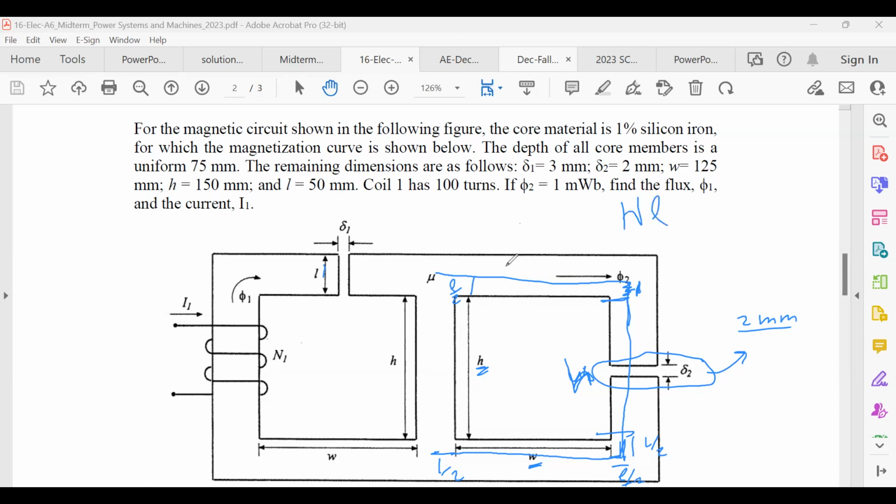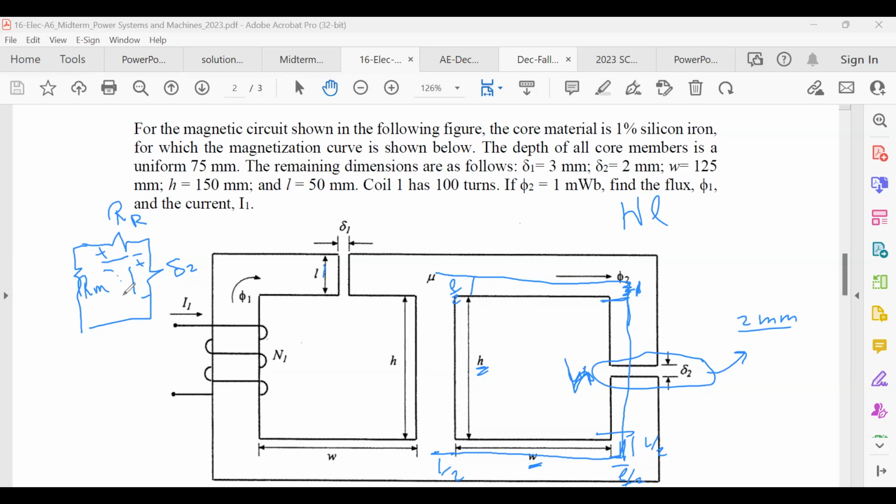Multiply H times L, you can get the MMF of the one on the right. We already got the MMF for the air gap, for delta 2. We got the one for the reluctance for the right. Now, because you have this MMF and this, you can get the one in the middle.